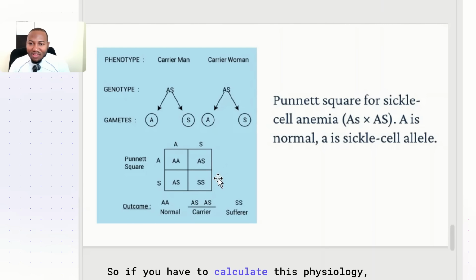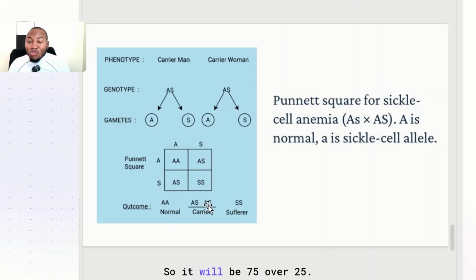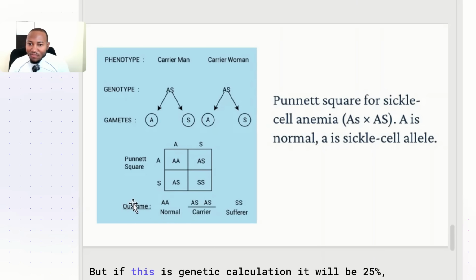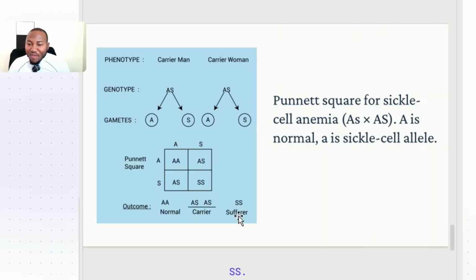So if you are to calculate this phenotypically, you see that AA and AS are actually normal phenotypically. They look normal. So it will be 75% over 25%, right? But if this is genetic calculation, it will be 25%, 50%, because 50% are AS carriers, genetically different from AA, and 25% SS.